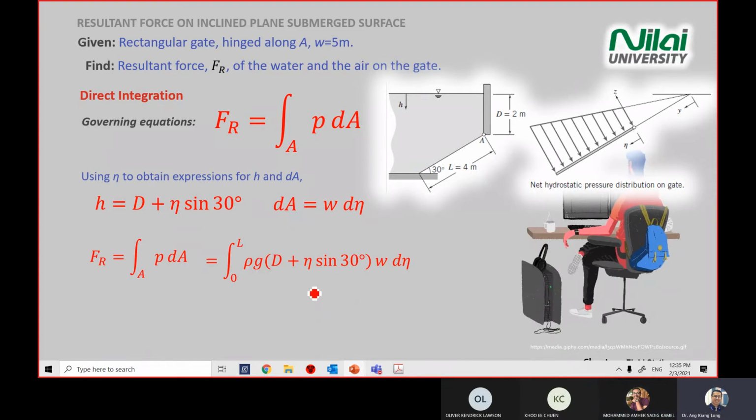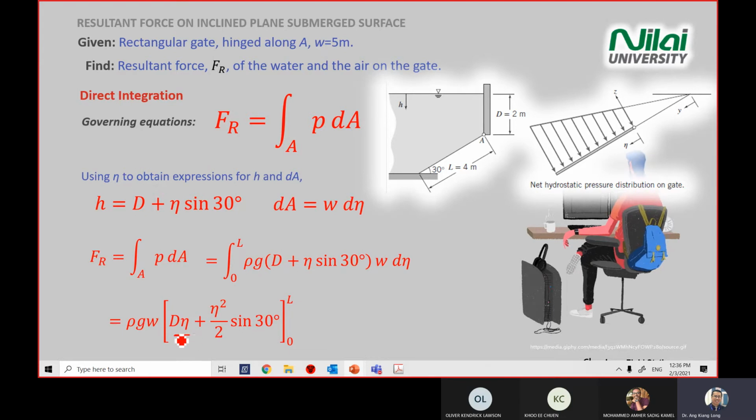So we continue with this example. The rest is just integration steps. When you integrate, you pull all the constant values out. For example, rho is constant, g is constant, w is constant. So you pull out all the constant values, and then you integrate those changing terms.